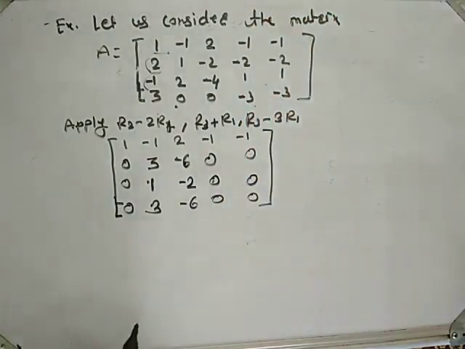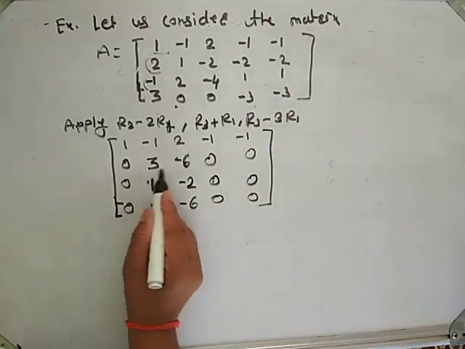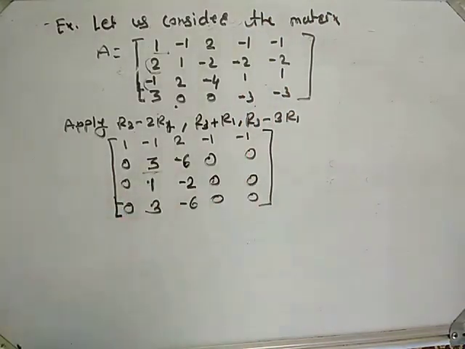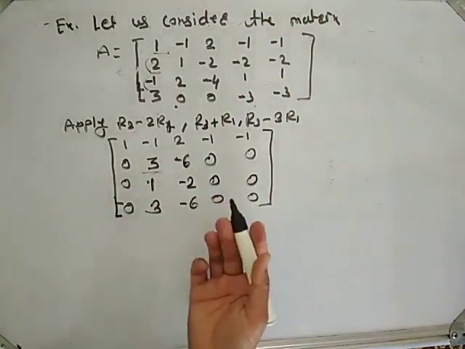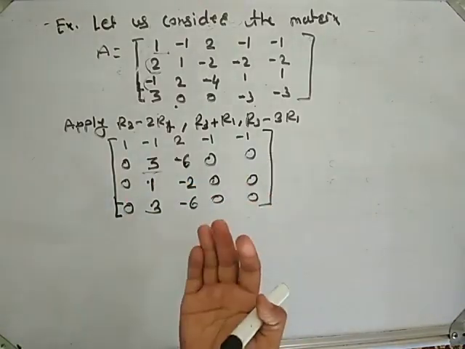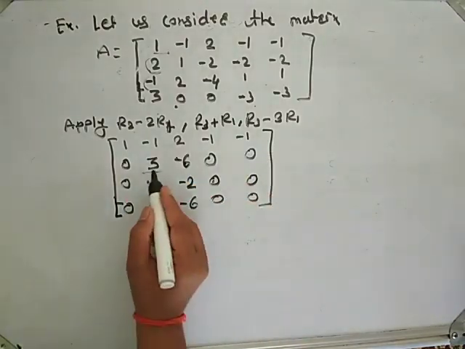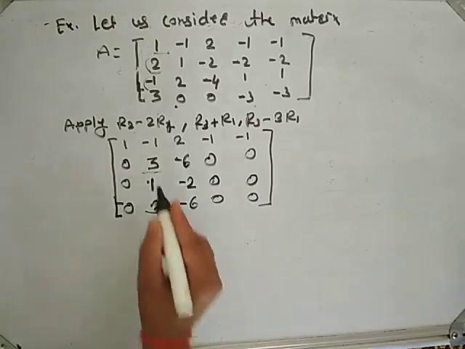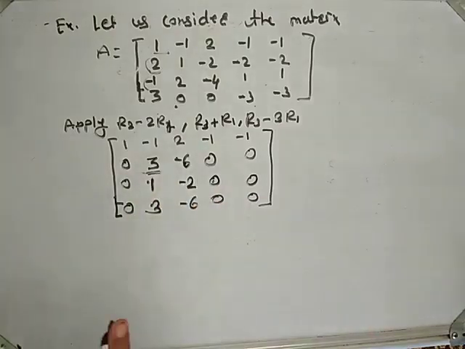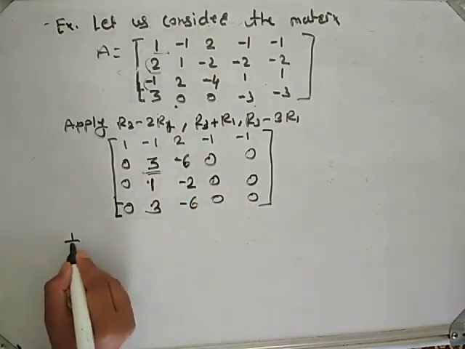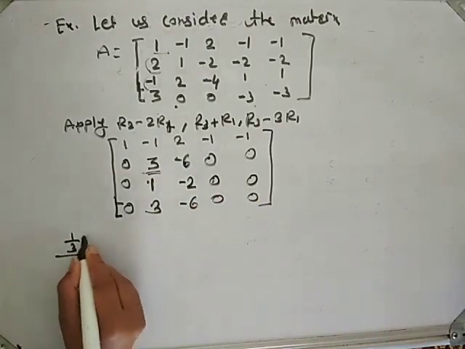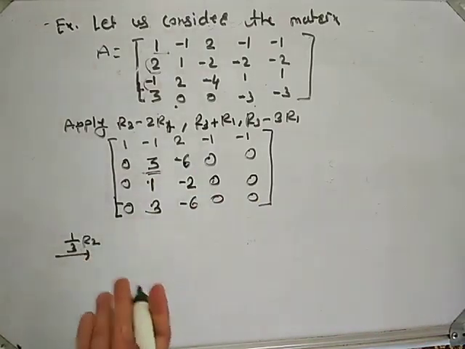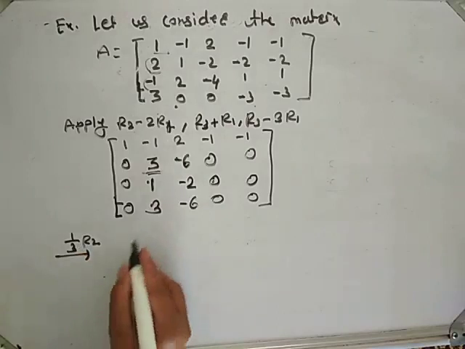Okay. Now see here students, this is a leading entry for the second row. But in reduced row echelon form and row echelon form, the leading entry should be 1. That's why we perform a row operation 1 by 3 R2, or we can say apply R2 becomes 1 by 3 into R2.